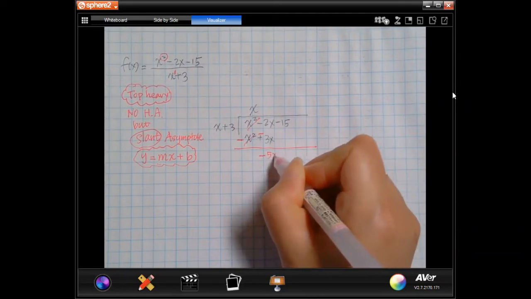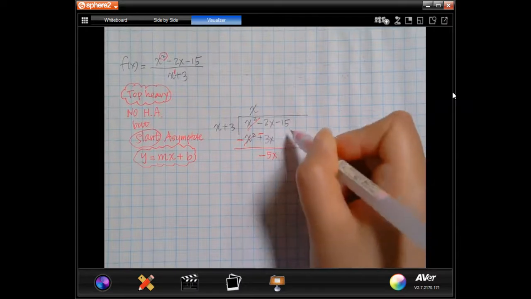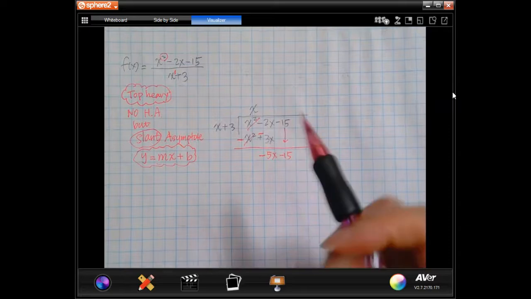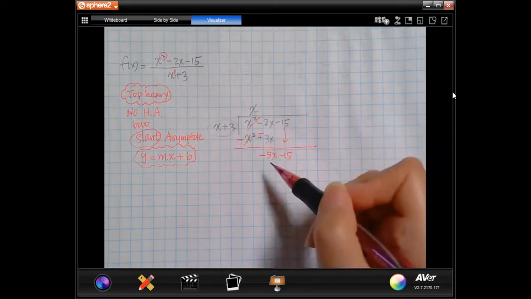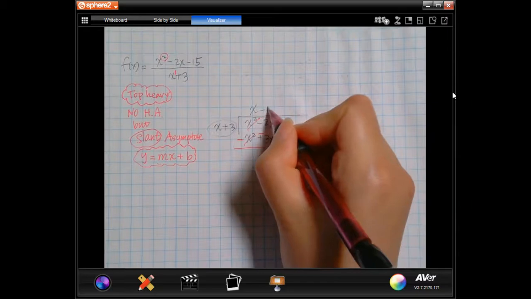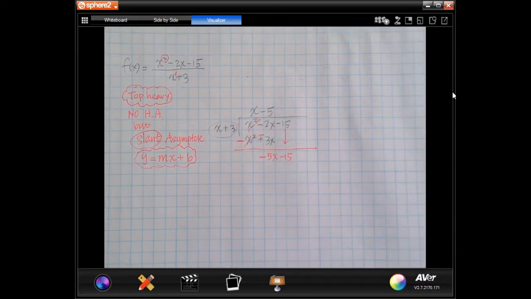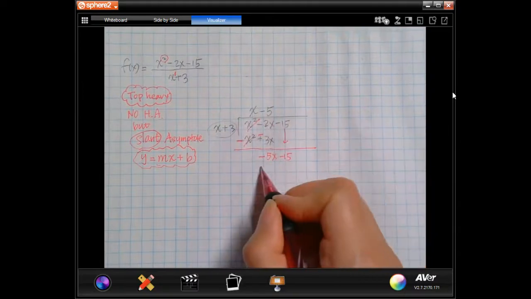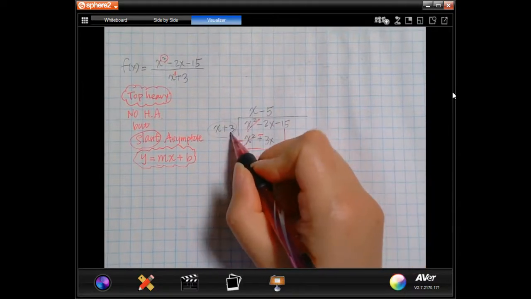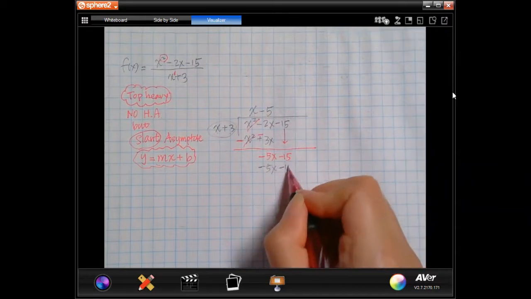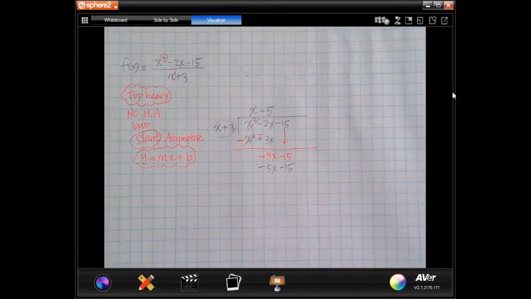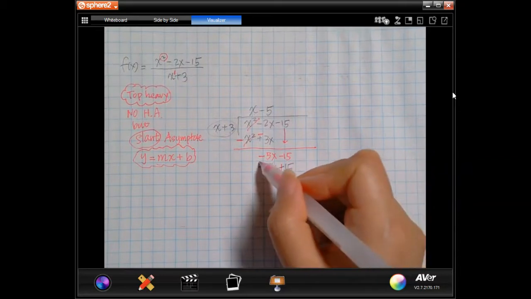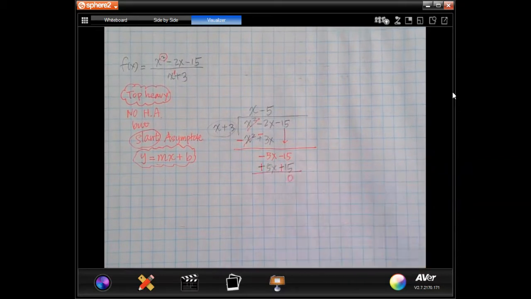Negative 2x minus 3x is negative 5x, and then I bring down negative 15. With x minus 3, I have to have negative 5 there. Then x times negative 5 is negative 5x, and 3 times negative 5 is negative 15. If I change all the signs by subtracting, it makes 0.